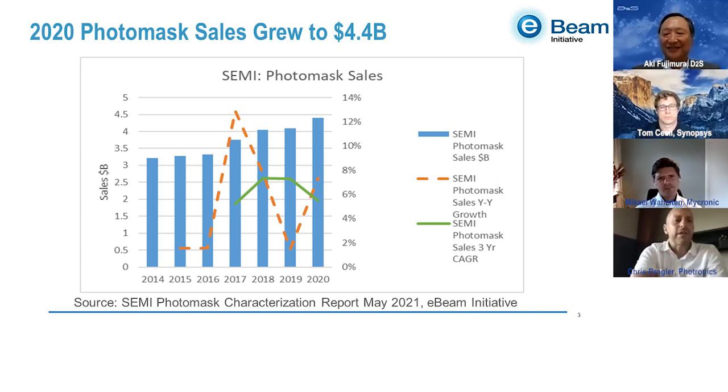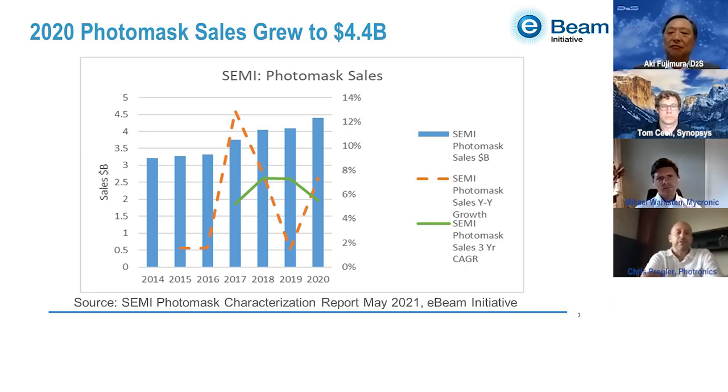Yeah, as I'm looking at this, I think as a percent of IC revenue, photomasks are not really going up much, right? It's about 1%. So if you look at this, in 2020 ICs were 400 billion, maybe it went up a little bit. We used to run about almost 2% of IC revenue in photomasks.